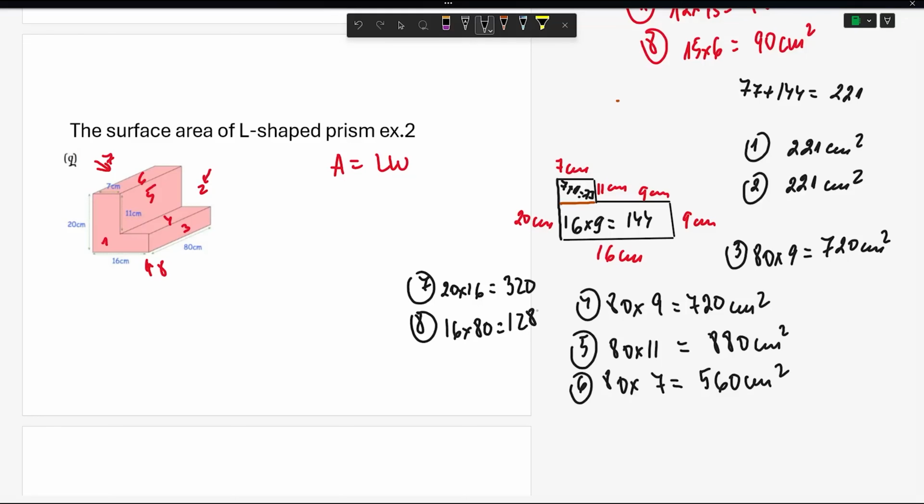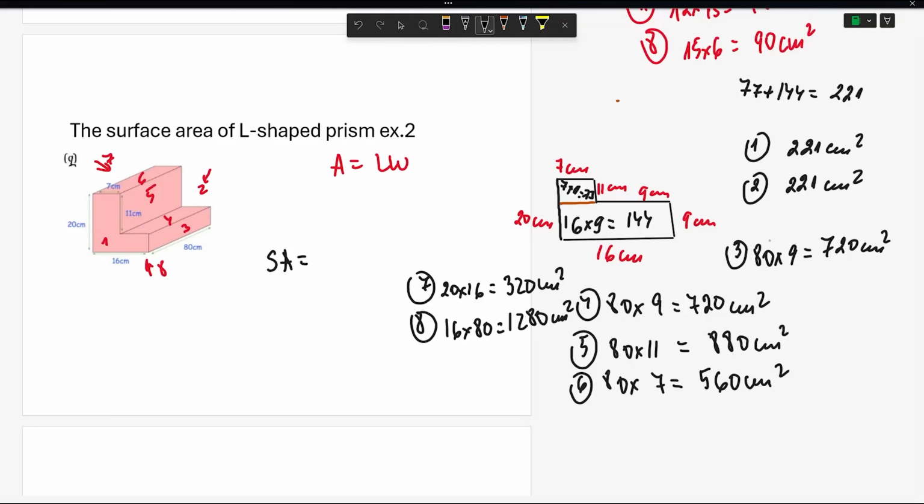And now what I have to do, I need to add all of them so I can find my surface area. So I have 221 as side 1, side 2 221, side 3 720, side 4 again 720, side 5 880, side 6 560, side 7 320, and side 8 1280.